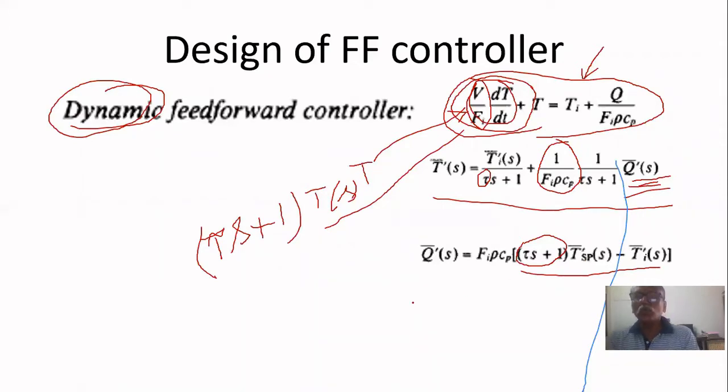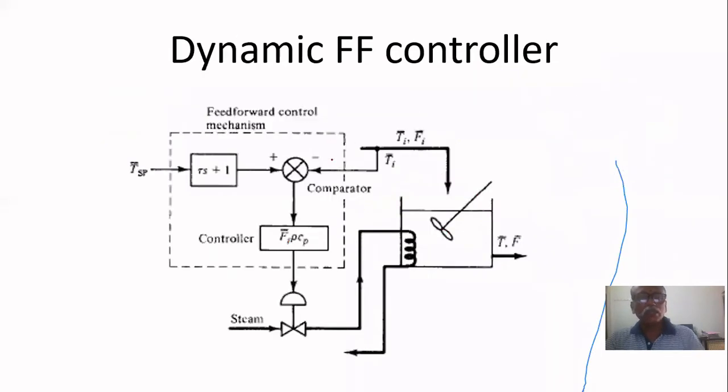Therefore the amount of heat required equals Fi rho Cp, assuming constant feed flow rate, times tau S plus 1 multiplied by the set point of S minus the inlet feed temperature. That's all. Earlier we saw the static feedforward controller.